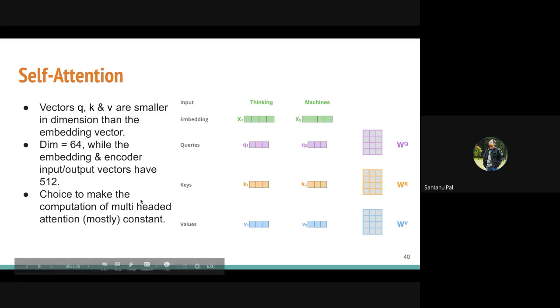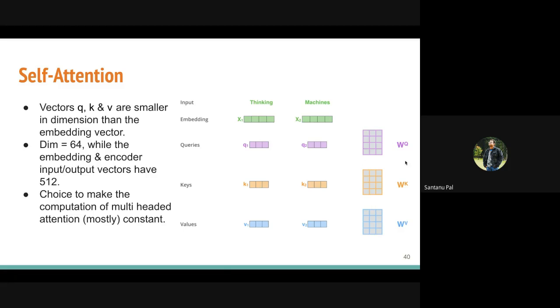But in general the h value will be 8, and the input vector dimension is divided by 8, and that will be the dimension of query, key, and value. I will discuss multi-head attention later, where you will understand why we use multi-head attention and how it is beneficial.